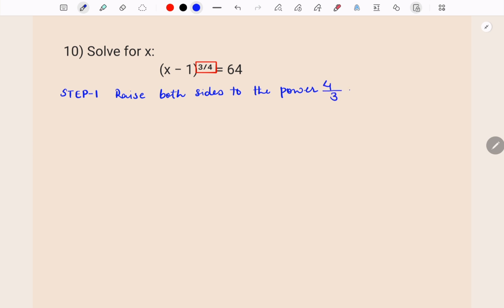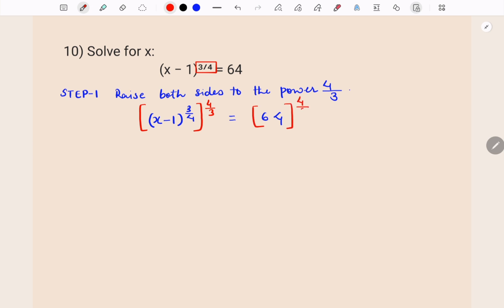Why 4 over 3? Let's see. x minus 1 raised to the power of 3 over 4 equals 64. Now the first step says raise both sides to the power 4 over 3. So let's apply the power of 4 over 3 to both sides of this equation.